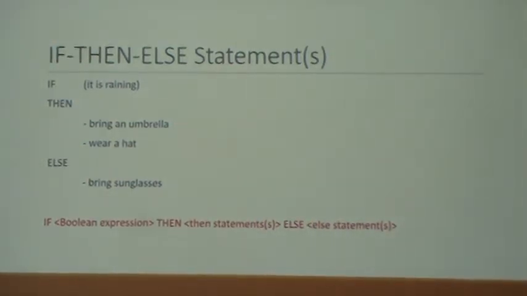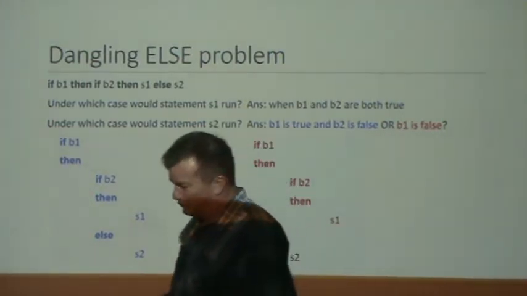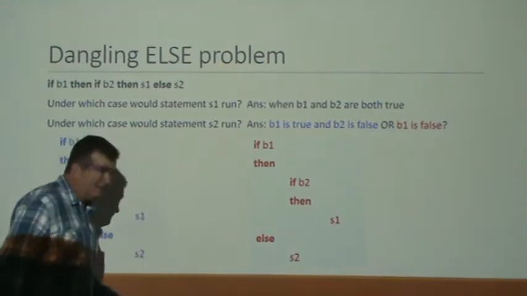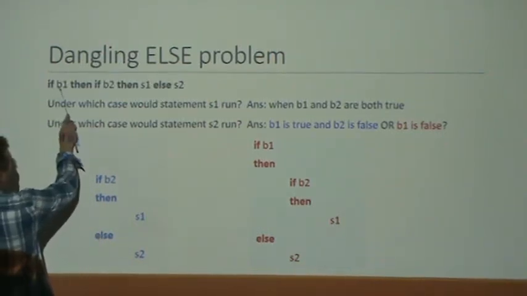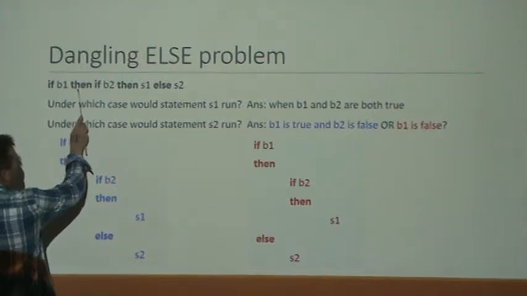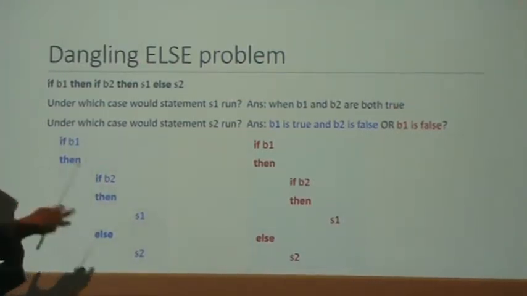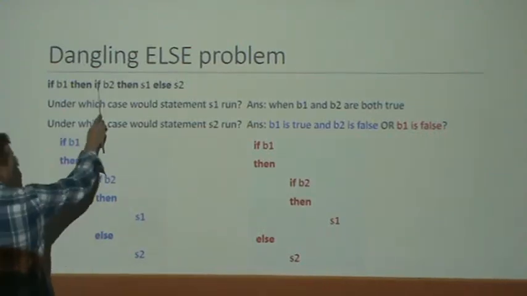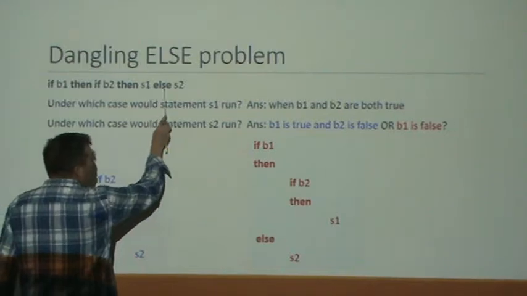Okay, so then we introduce, depending on the programming language, the concept of the dangling else situation. So suppose we had a line of computer code that said, if Boolean expression 1, then if, so the next instruction right after the then is an if statement. If Boolean expression 2, then statement 1, else statement 2.